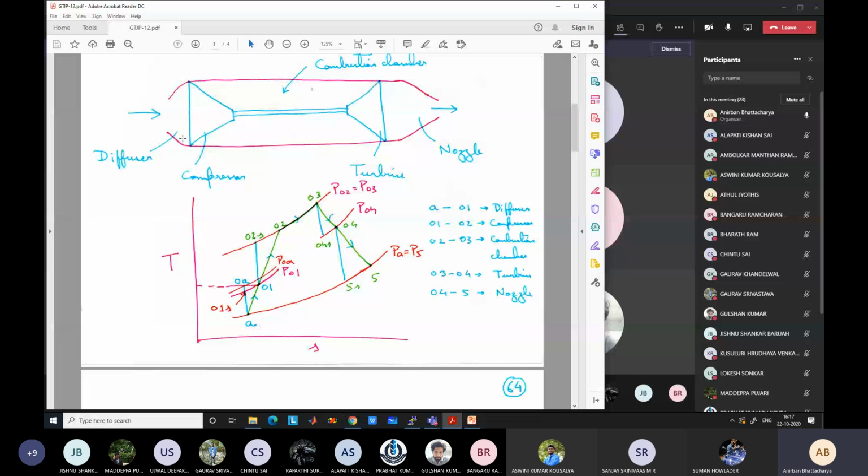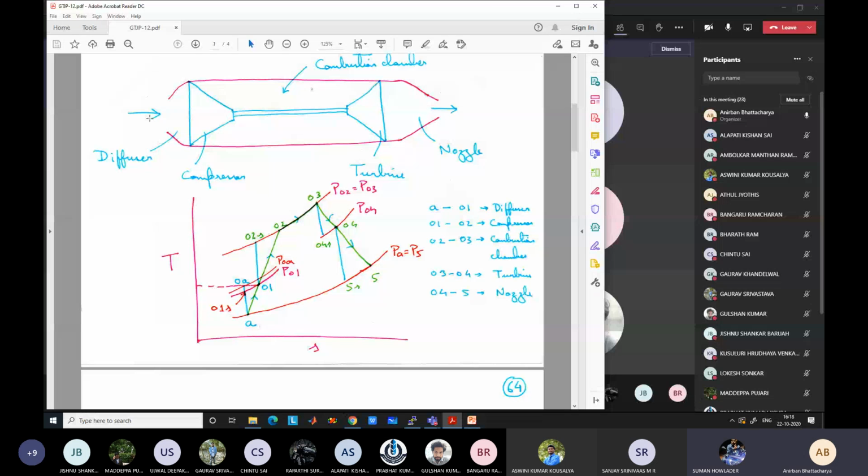Yes, tell me. Sir, the initial point A in this graph, what is that point defining? Point A is outside the engine, just outside the engine at static condition.